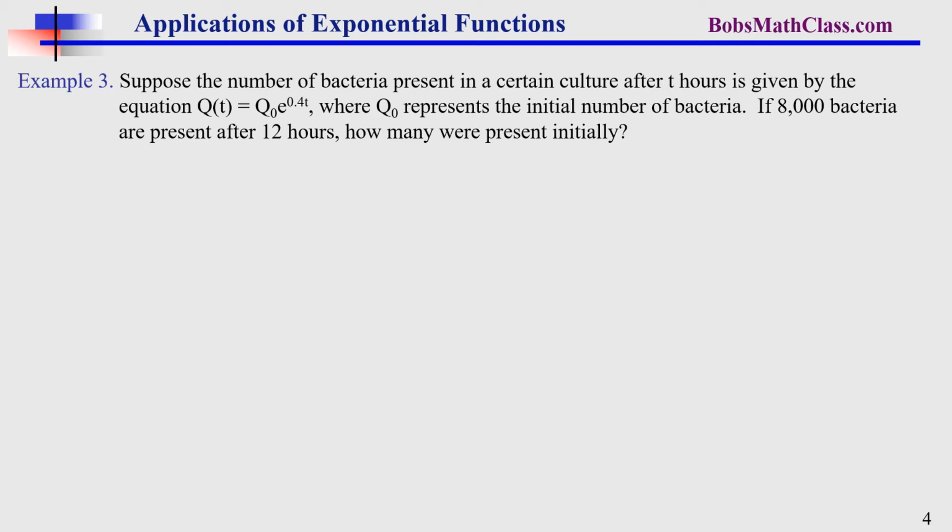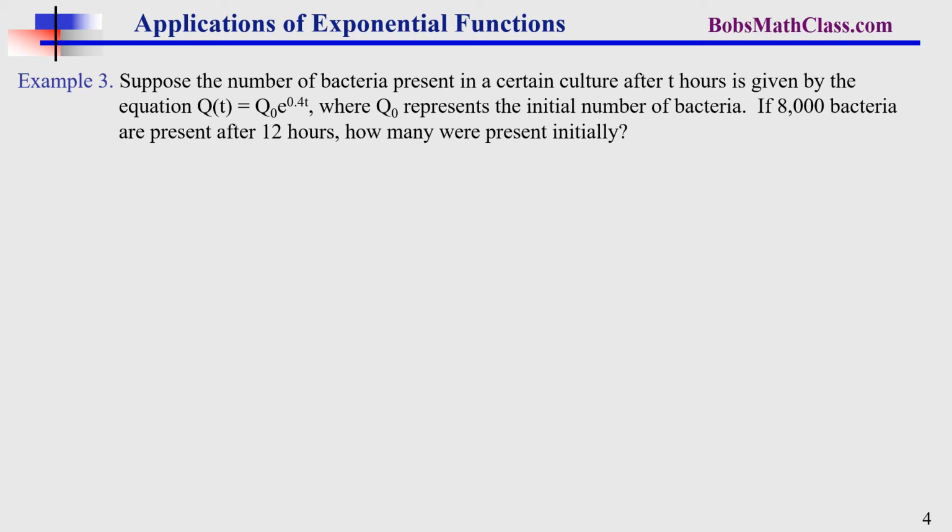If 8,000 bacteria are present after 12 hours, how many were present initially? So see what's different? They're telling us that there's 8,000 after the 12-hour time period, but we don't know the initial bacteria. We don't know how many we started with.